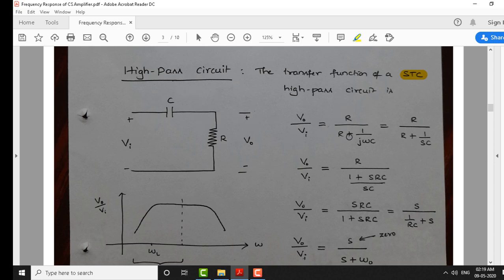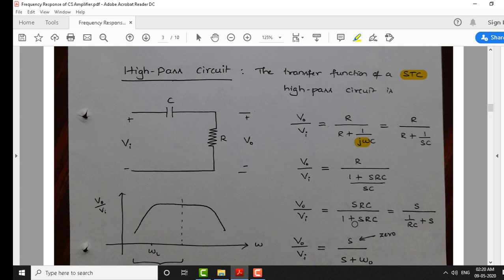So the transfer function V naught by Vi equals, now we can apply the voltage division rule here, R divided by R plus 1 by j omega C, again substituting j omega as s. The equation becomes V naught by Vi equals R divided by 1 plus sRC divided by sC. Taking this to the numerator, the equation is sRC divided by 1 plus sRC.